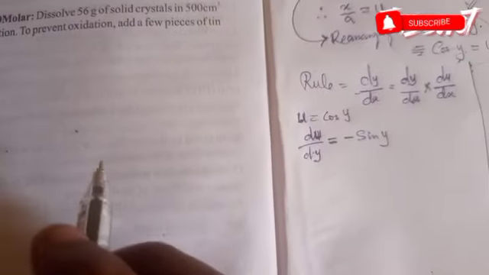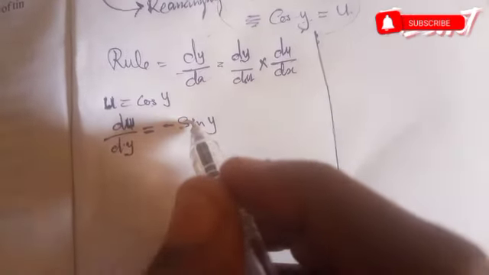You should know that when you differentiate sine y, you have cos y. When you differentiate cos y, you have minus sine y. Do you get that now?